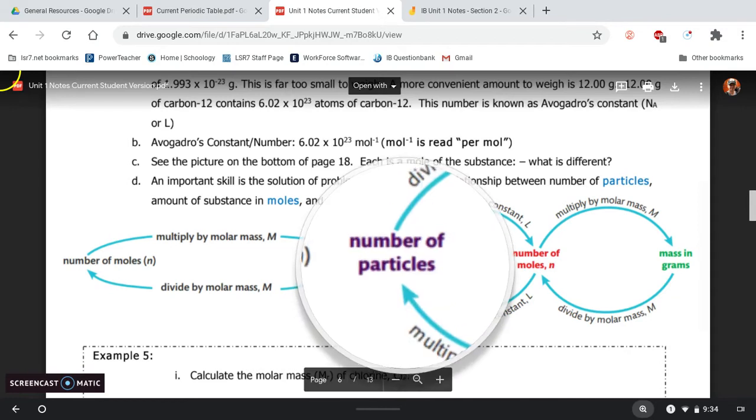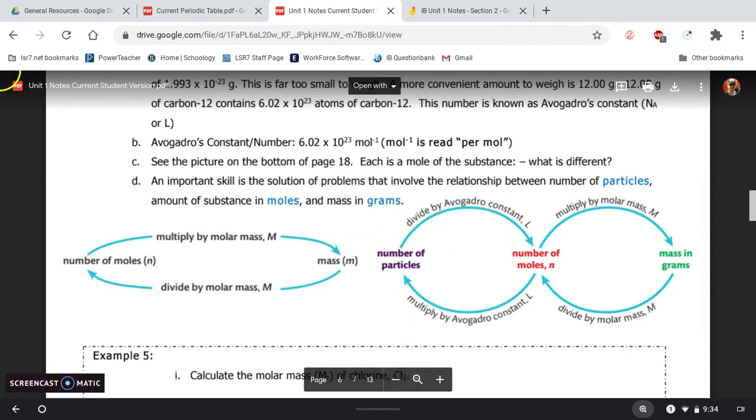Now, if you're going to go from particles to moles, so anytime you're using ions, atoms, stuff like that, we have to use Avogadro's constant, Avogadro's number. So you might want to write 6.02 times 10 to the 23rd. That might help you out. I'm going to show you some examples down here, and we're going to do some practice on that.